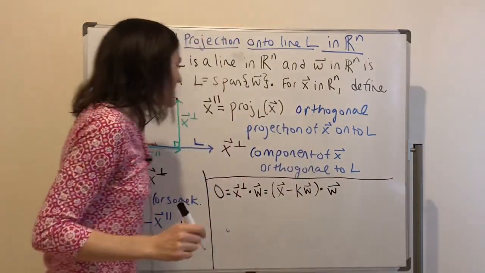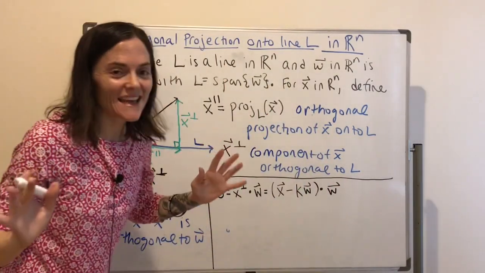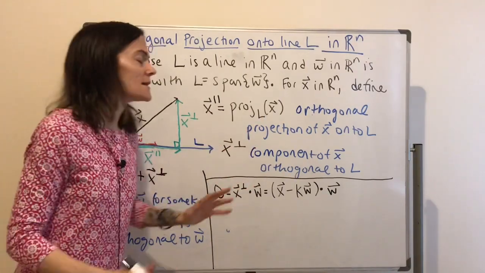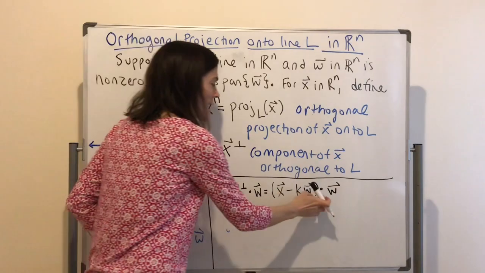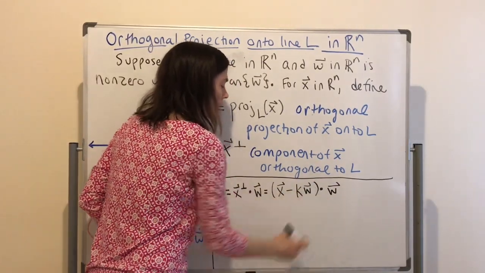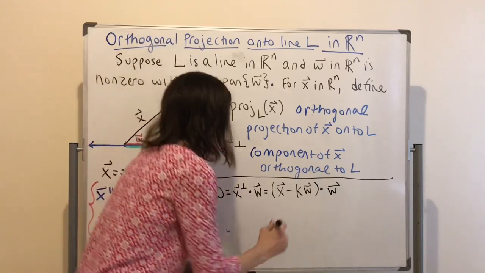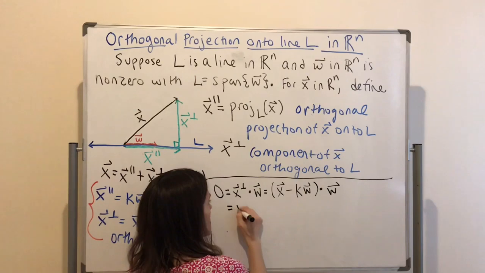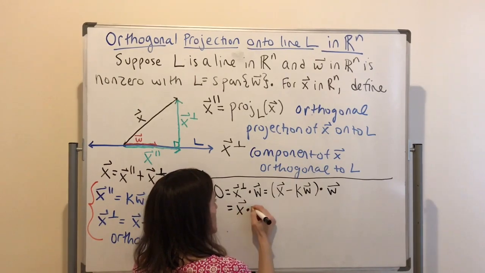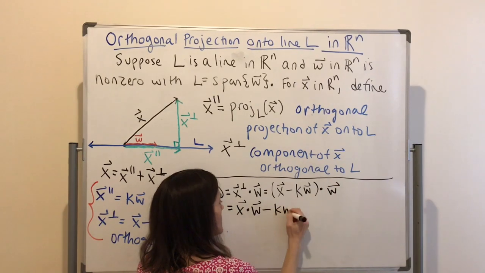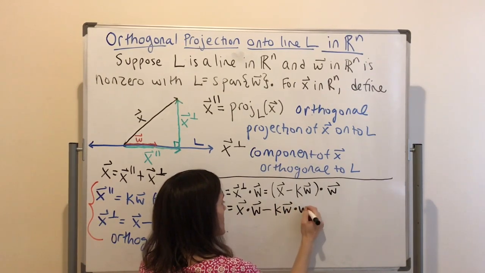Now you might be seeing why I mentioned those properties which are in the appendix, because here is a sum, here is a dot product. So I can write this as x dot w minus kw dot w.